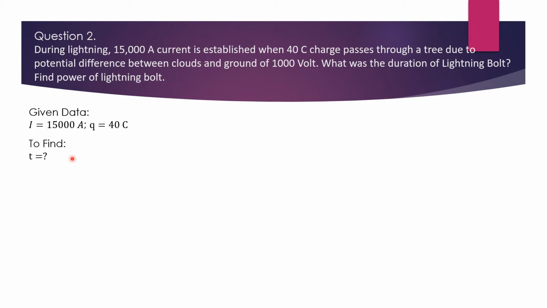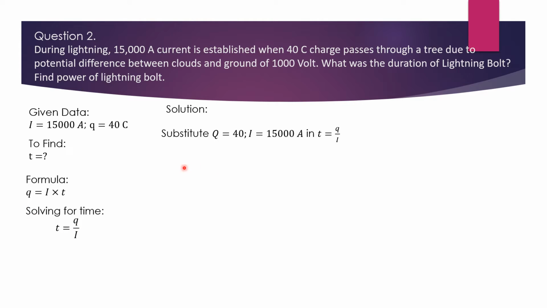To find T, the formula that we will use is Q is equal to I into T. Solving for time, T is equal to Q over I. We move this I to the other side and divide, and that becomes T is equal to Q over I. Now the solution.